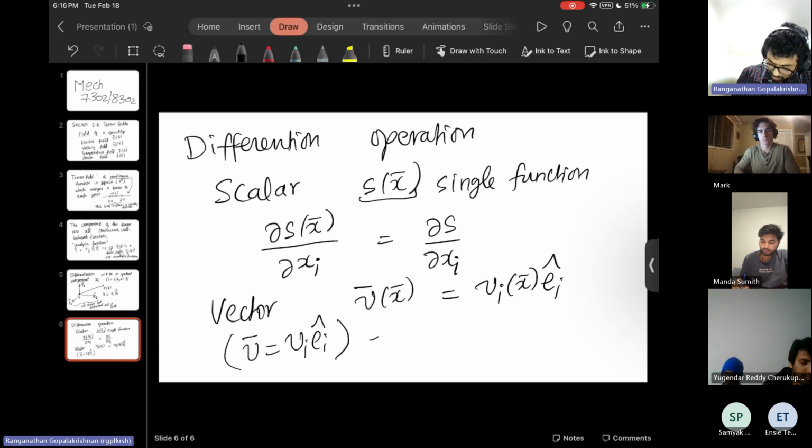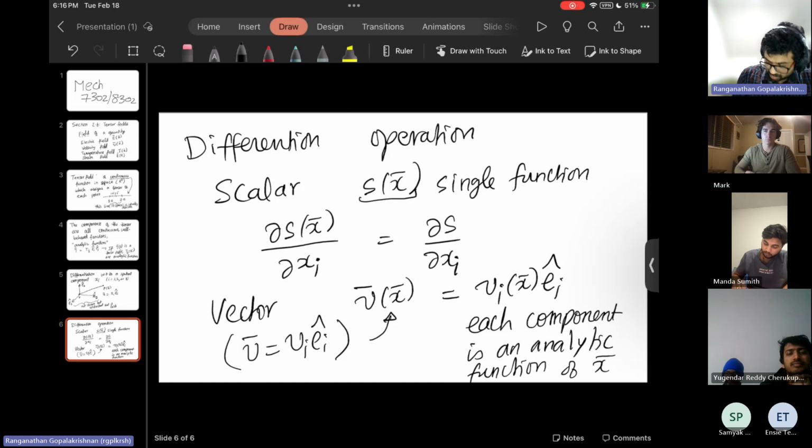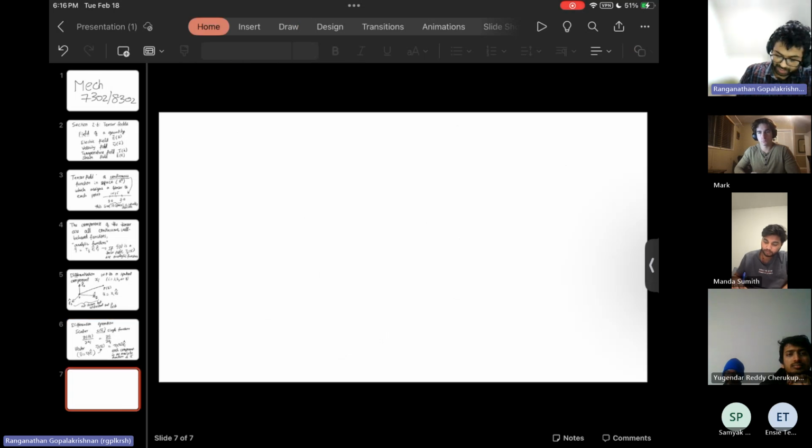But when we write a vector field, what we are implying is each component is an analytic function of X, the position. Very simple concept, okay? Just extending what we know about individual tensors to that of a tensor field.